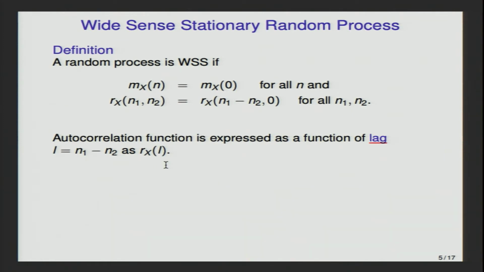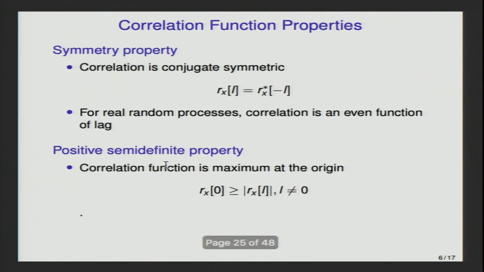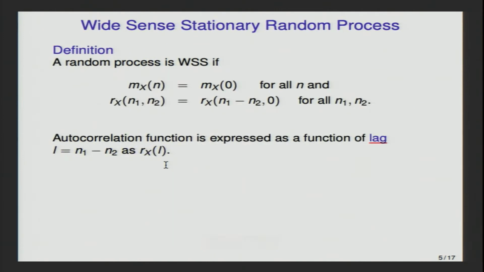With this notion, these properties of mean and autocorrelation of the process are quite useful, so that we can describe much of the noise which happens in practice using some probability distribution, and many times they can also be assumed to be either wide-sense stationary or stationary.